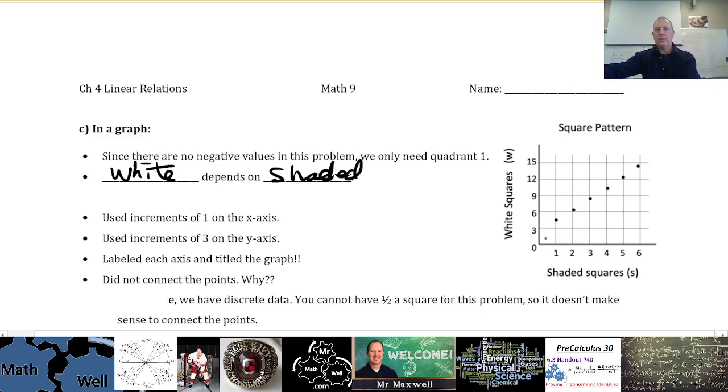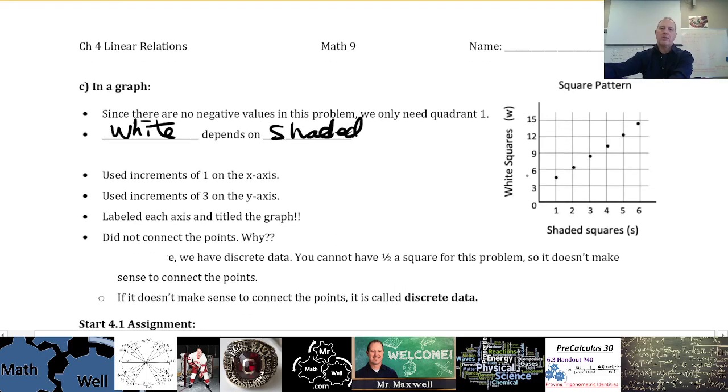So we use increments of 1 on the x-axis, and increments of 3 on the y-axis. That would be a great scale to use. We've labeled everything, great. Now, I am not going to draw a line between these points, okay? And why is that? Well, it's because we're dealing only with whole squares here. So we can't have a fraction of a square.